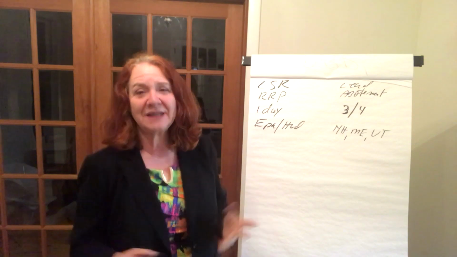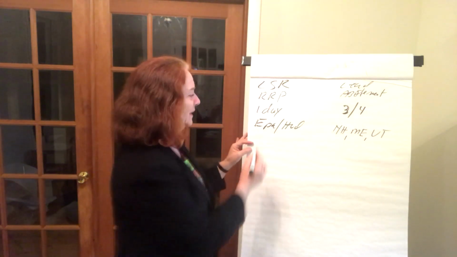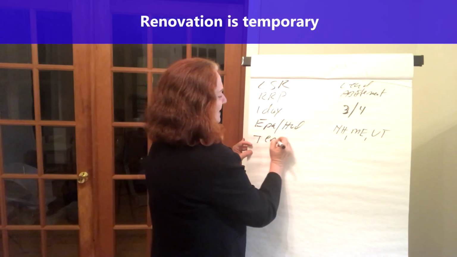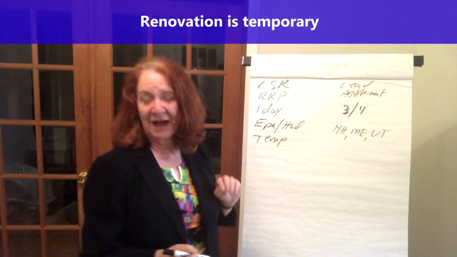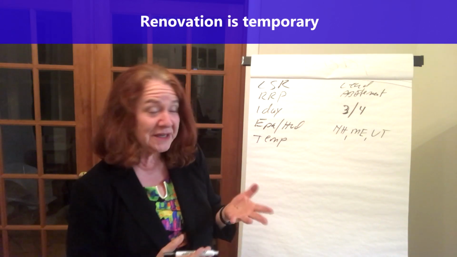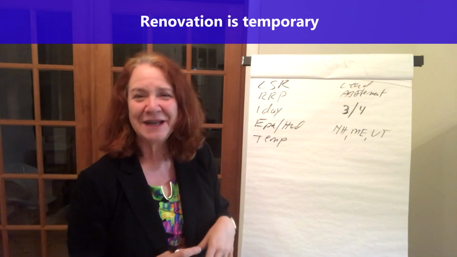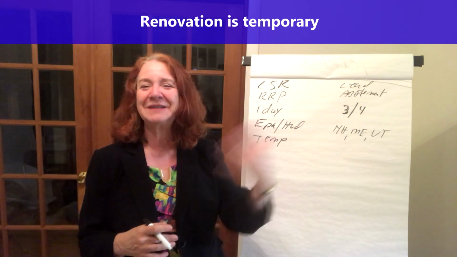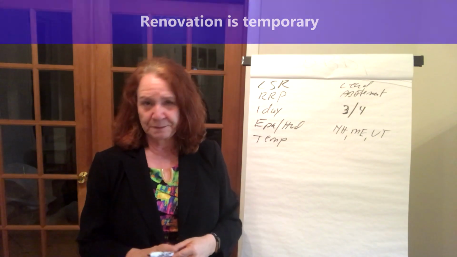Or I'm painting the outside of the house. I'm fixing a problem. So typically, lead-safe renovation is temporary in the sense that I don't expect it to last forever. How often do you remodel a kitchen or paint an apartment? I don't know, every few years, or maybe every 10 years. But you know it's not expected to last forever. It's temporary. You expect to do it again soon.